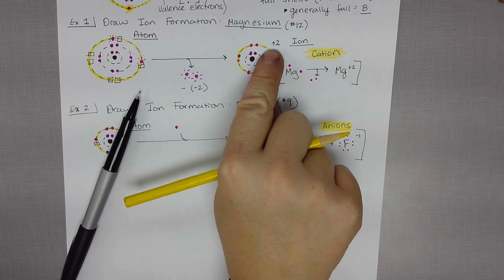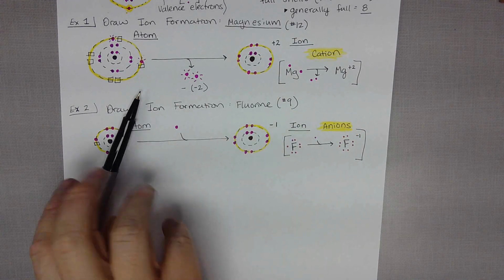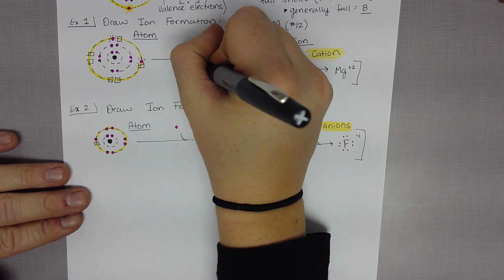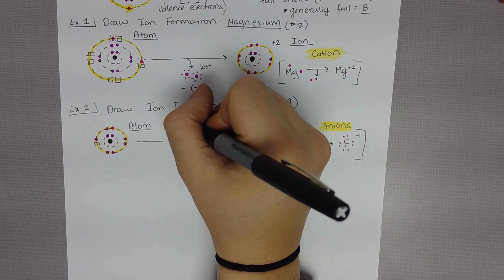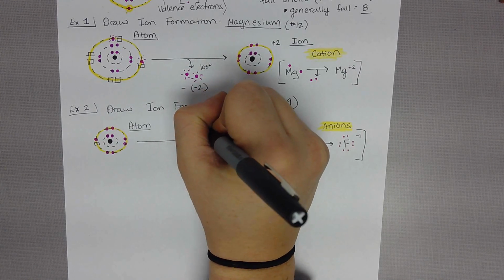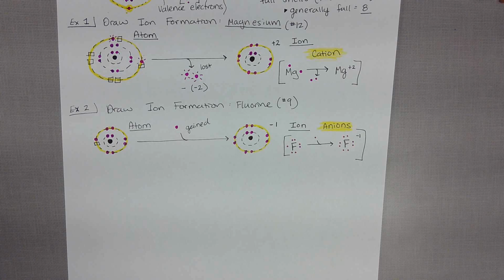Cation being that positive, meaning you lost electrons. Anion being that negative, meaning you gained electrons. Okay.